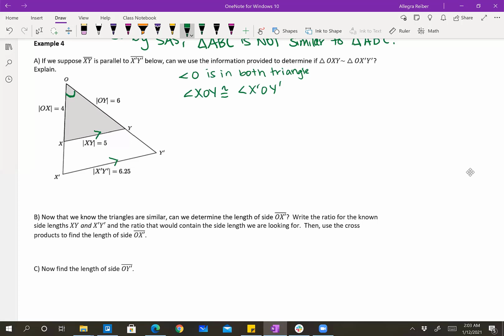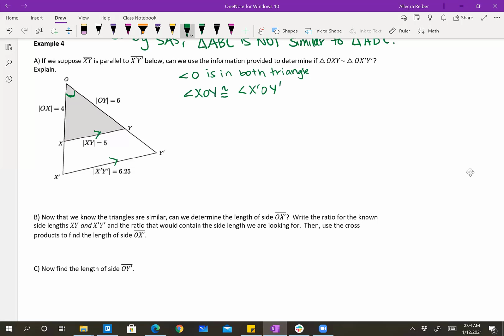The reason I say that is because I do not currently know the lengths of the other sides of the large triangle that are forming that angle. So I don't have enough information to know if there's proportionality along the sides that make my angle O. But I do know something else. I have those parallel lines. That means I can find corresponding angles.